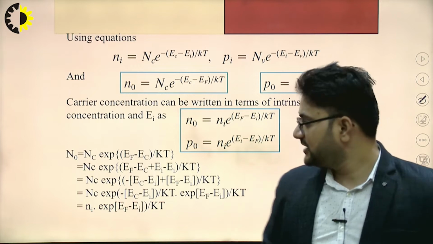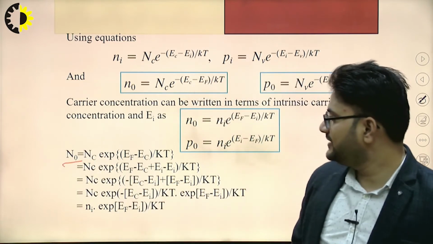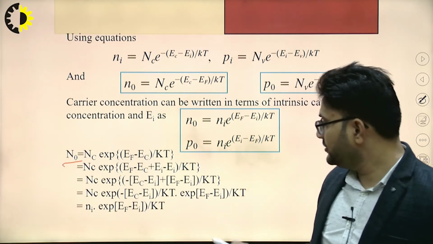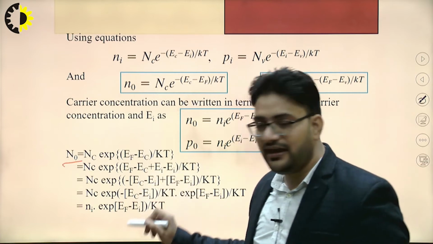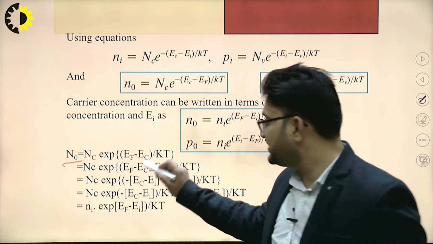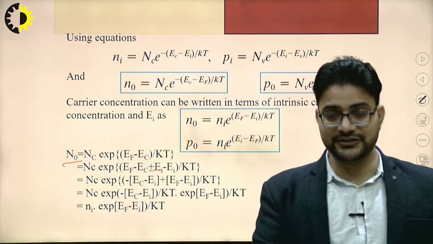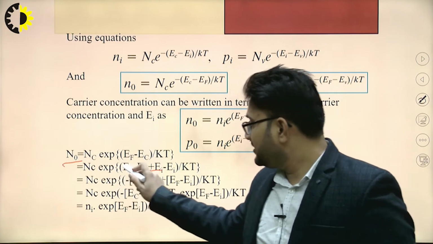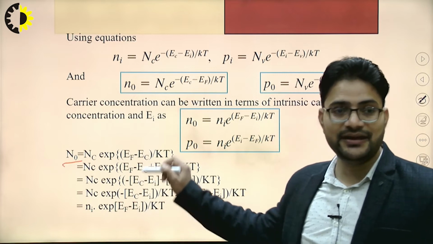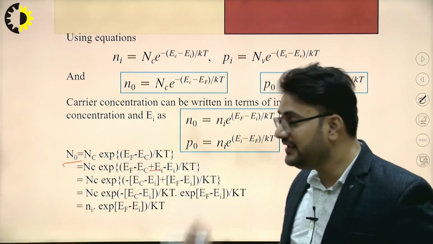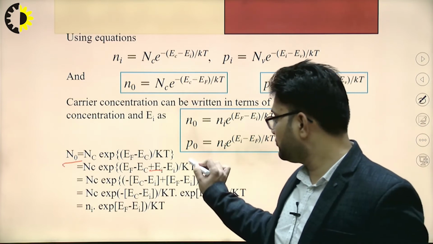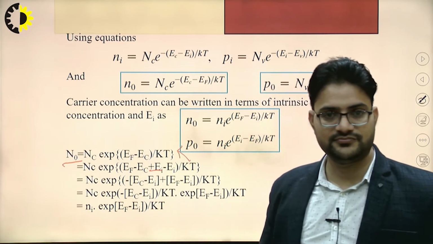So N naught is equal to Nc exponential of Ef minus Ec divided by Kt. Now what we have to do is subtract and add Ei in this exponential term. What we will get is Nc multiplied by exponential of Ef minus Ec plus Ei minus Ei divided by Kt. I am adding Ei as well as subtracting Ei such that it is equal to the previous equation, right.